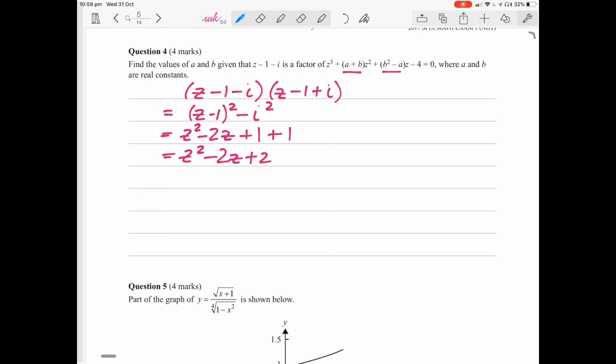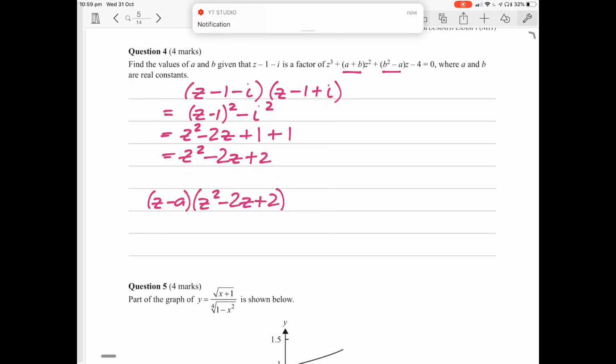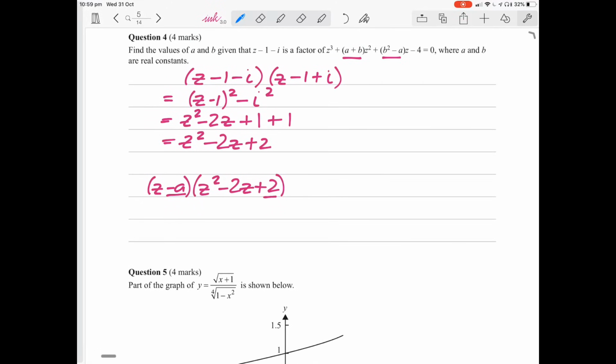Now, if they're factors, then z minus a times z squared minus 2z plus 2, we know that negative a times 2 has to equal negative 4. So we know negative 2a has to equal negative 4, so a has to equal 2.